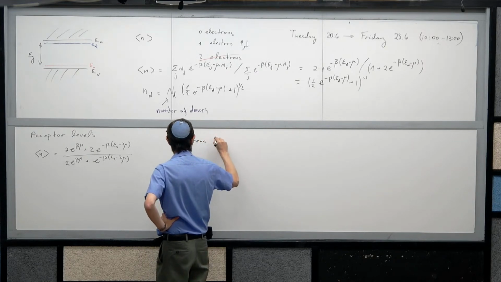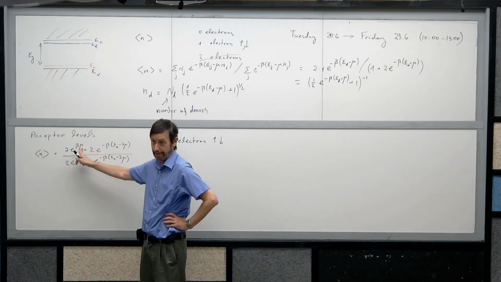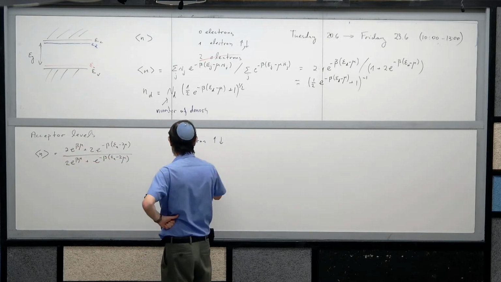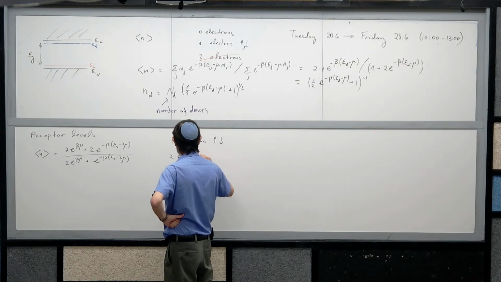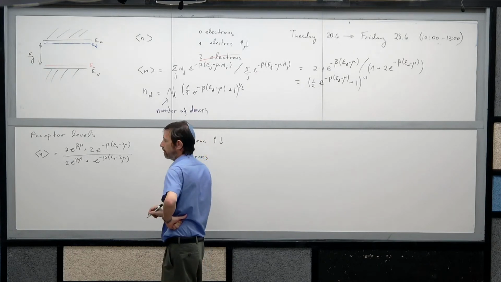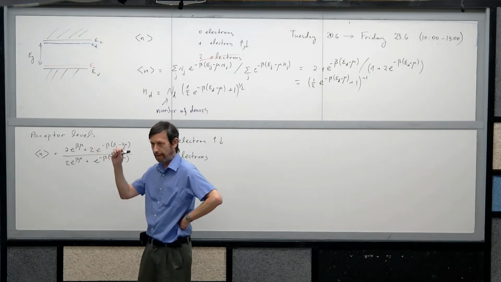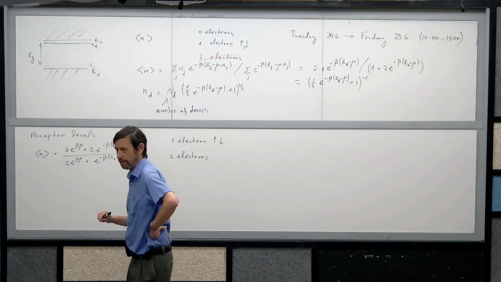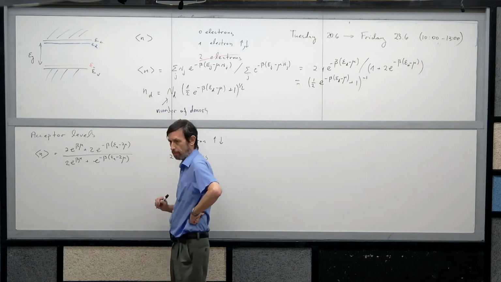With up or down, 1 electron gives me n equal 1 times 2. And 1 state of 2 electrons. Isn't it holes? Because we're in the center. In a moment I'll translate, but here I'm just writing for electrons. If an electron is occupying the state, what will be the energy?